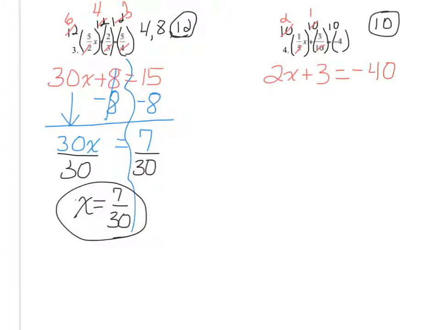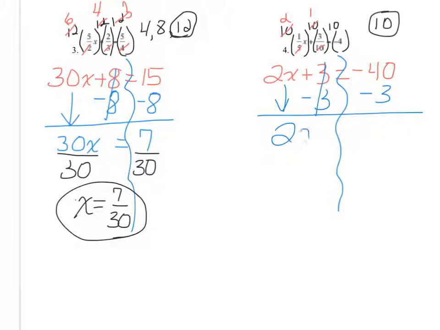Okay, I'm going to draw my river and solve my regular equation. 3 and -40 are on opposite sides of the river. Do my opposite operation. -3, -3. Bring down 2x equals -40 minus 3 is equal to -43.